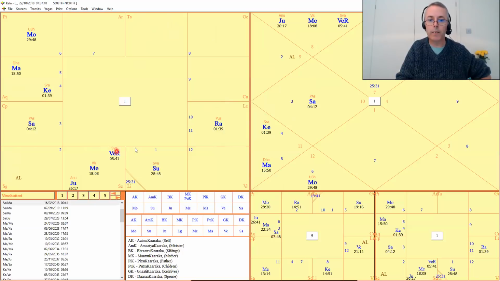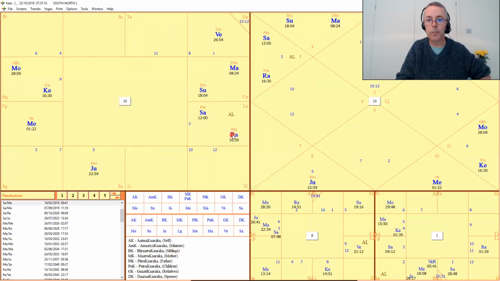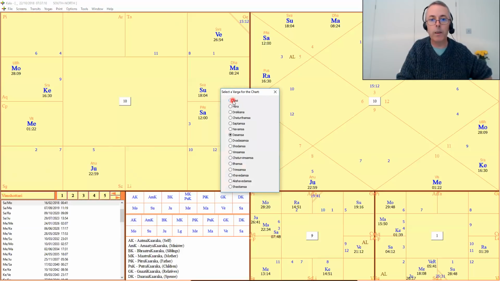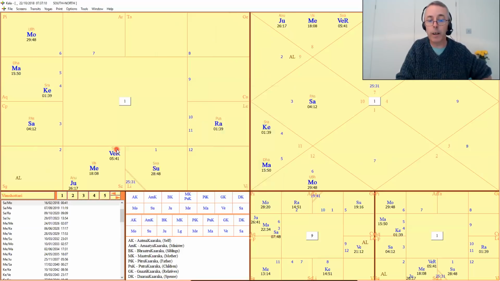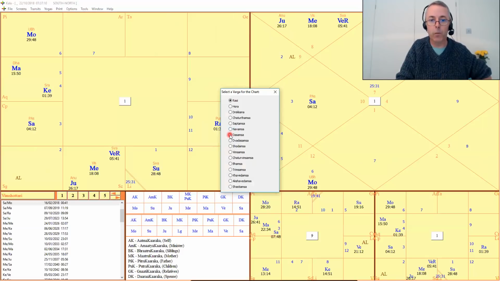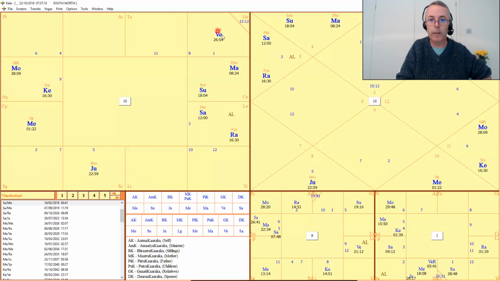So if we switch this to the Dashamsha chart, here you're going to have Venus in Gemini, but notice it's still in Swati Nakshatra. Now, this is functioning off the concept that nakshatras are astronomical, so you have to keep their position from the Rashi chart in terms of the nakshatra they're in. So in other words, if Venus is in Swati nakshatra but in Scorpio in the Rashi chart, no matter what sign it ends up in one of the other Varga charts, it's still going to be in Swati nakshatra as you see it in the Dashamsha.